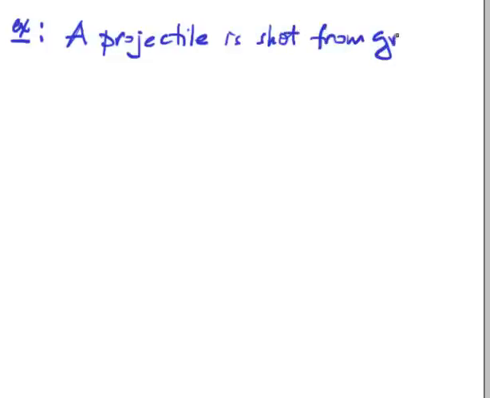The next example is also a vertical motion problem of a free-falling object. In this problem, we have a projectile, that's like a rocket, shot from the ground straight up into the air.